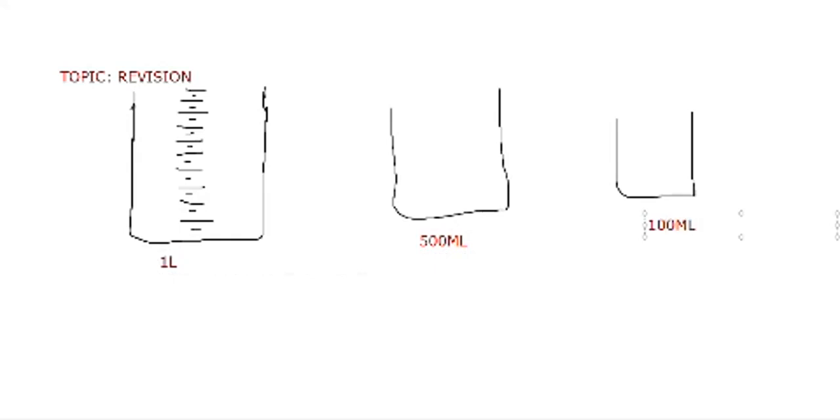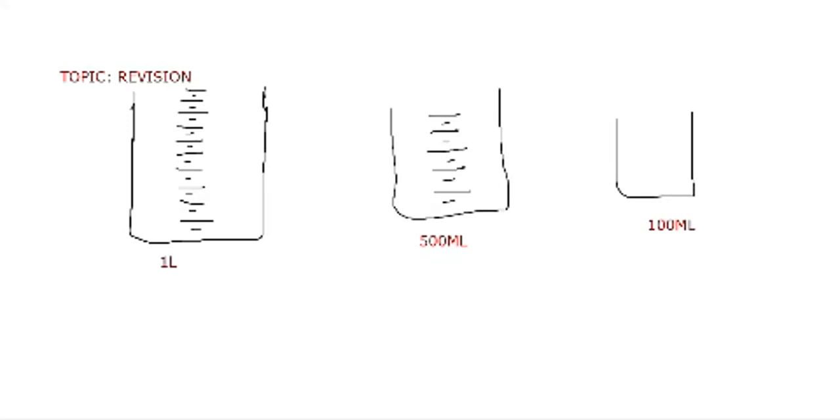As I told you, the 500 beaker has the same values as represented in the 1 liter. Small bar represents 50 and the big one represents 100. Just remember, the small one 50, the other one 50, then 100. So small, big, small, big, small, big, small, big.